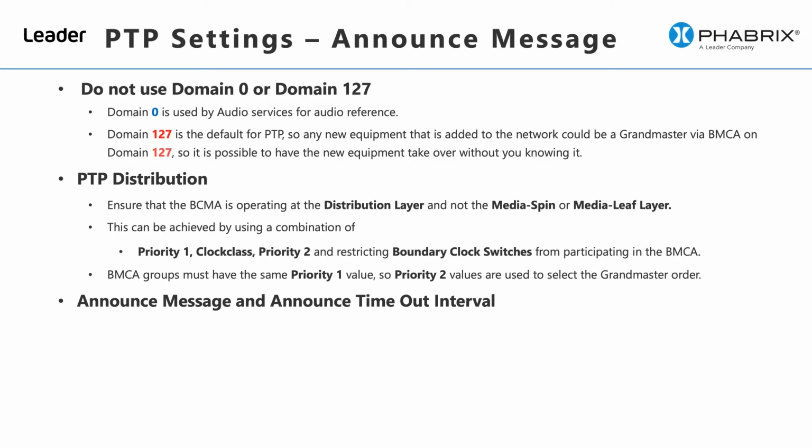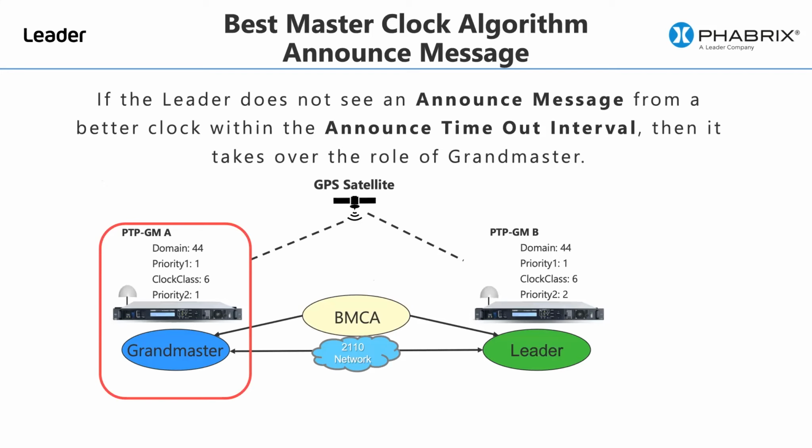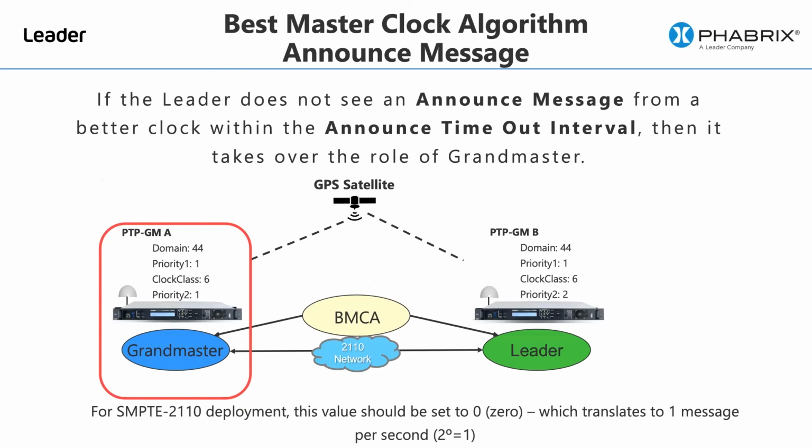Announce messages and announce timeout interval. If the leader does not see an announce message from a better clock within the announce timeout interval, then it takes over the role of grandmaster. In SMPTE 2110 deployments, this value should be set to 0, which translates to 1 message per second.